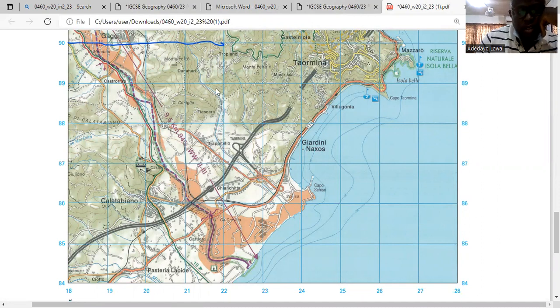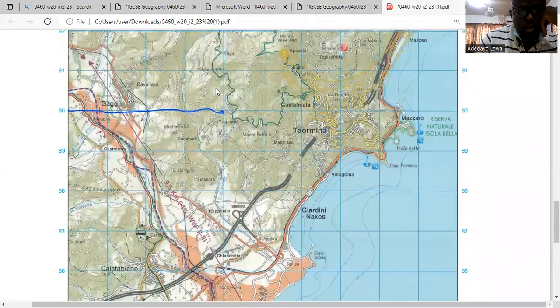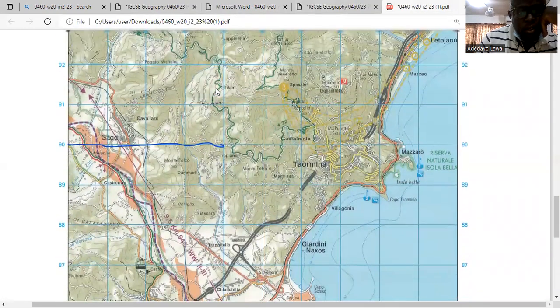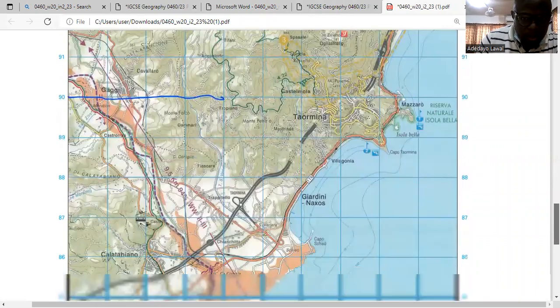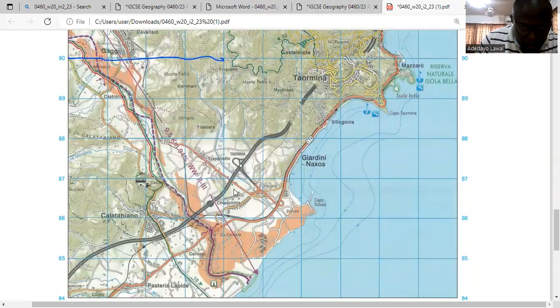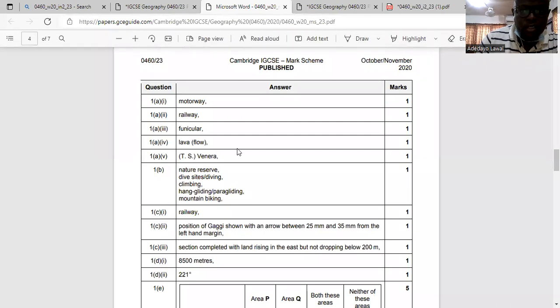Just keep tracing. So I think it's found here. It's somewhere hidden. TS Venera. So that's the answer.